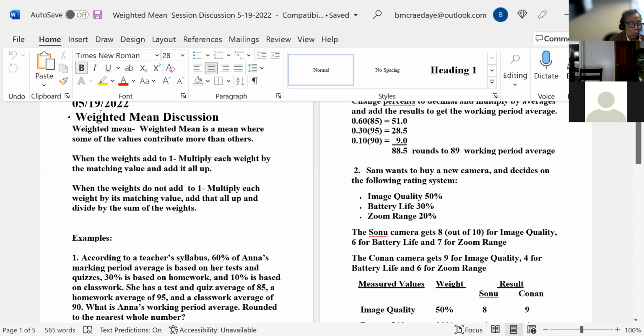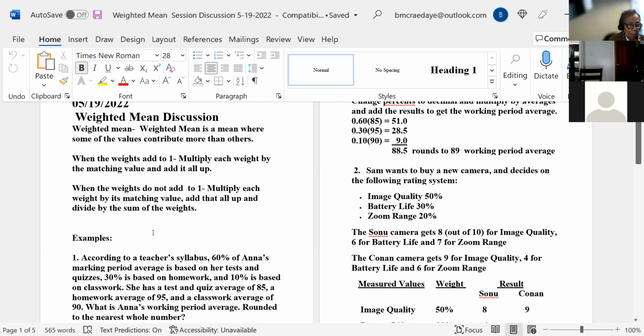That's why we call it weighted mean. In other words, some of your values will contribute more than others. You may get more for a quiz than you would for your homework. That's the weight that is assigned to each.